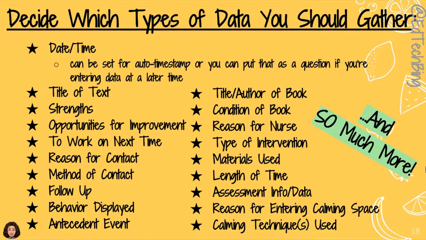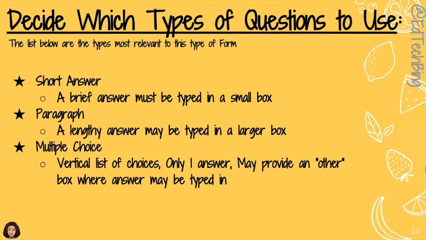After you have decided which types of data you should gather, you need to decide which types of questions will serve as the most efficient way to gather that type of data. I will review 6 types that are most relevant to this type of Google form.